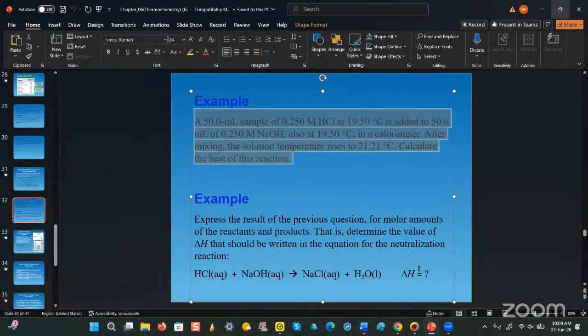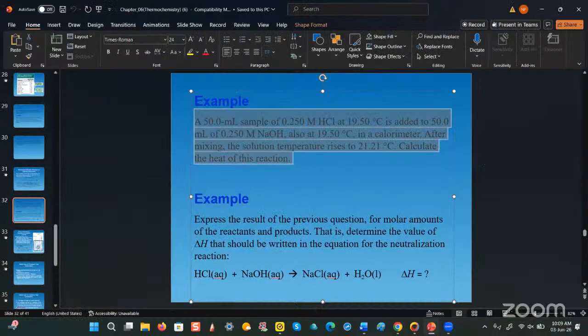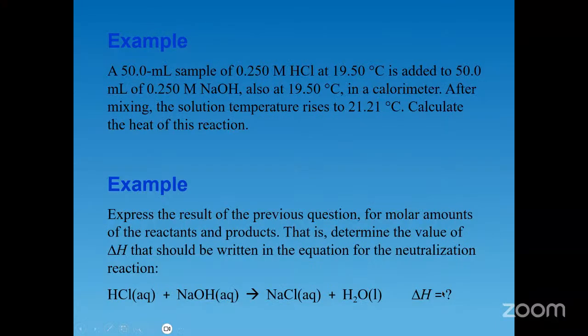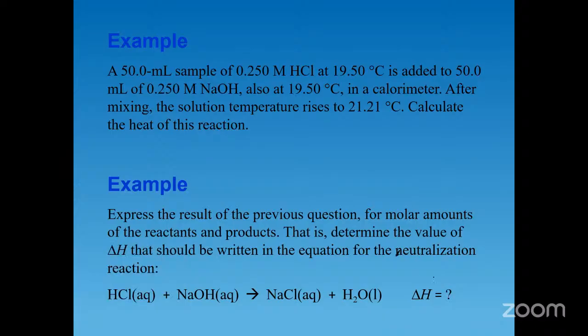So delta H would be equal to 5.17 times 10 to the 4 joules per mole. And that's it. So that's how you do that.